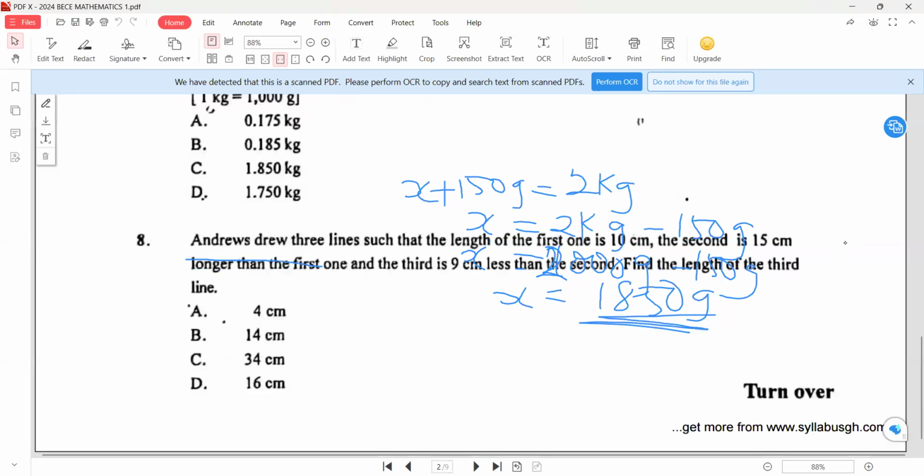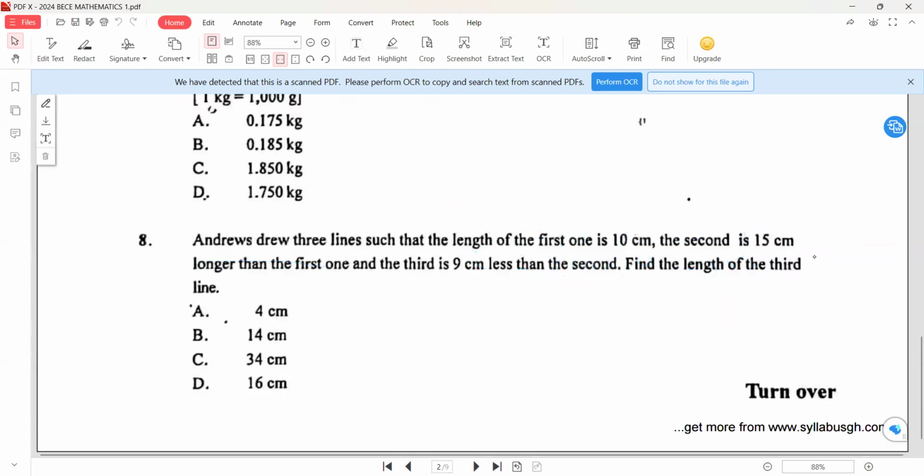Question number 8. Andrews draws 3 lines such that the length of the first one is 10 centimeters, and the second is 15 centimeters longer than the first one. So the second line should be 10 plus 15, and that's 25 cm.